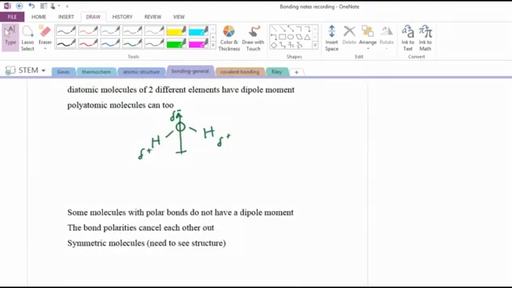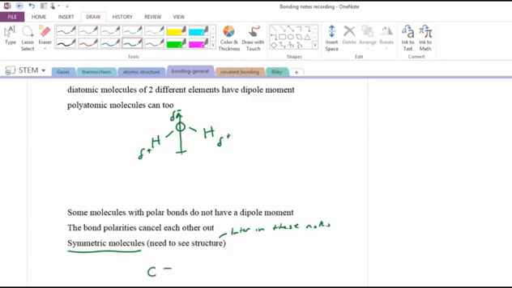Now we can have molecules that have polar bonds but do not have a dipole moment because their bond polarities cancel each other out. It happens with symmetric molecules, so we're going to need to be able to draw structures, which we're going to get to later in these notes.